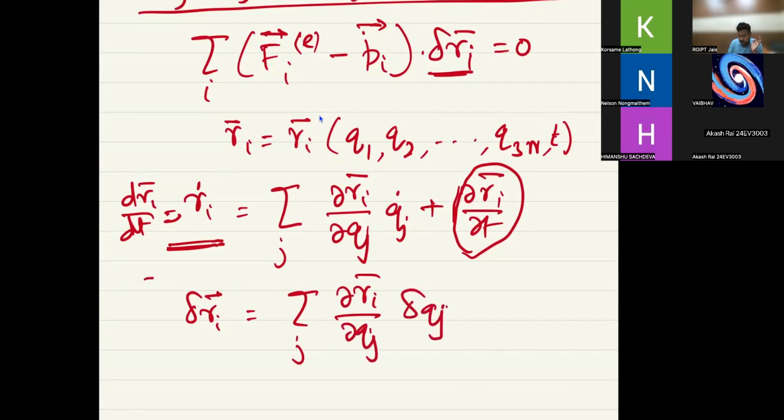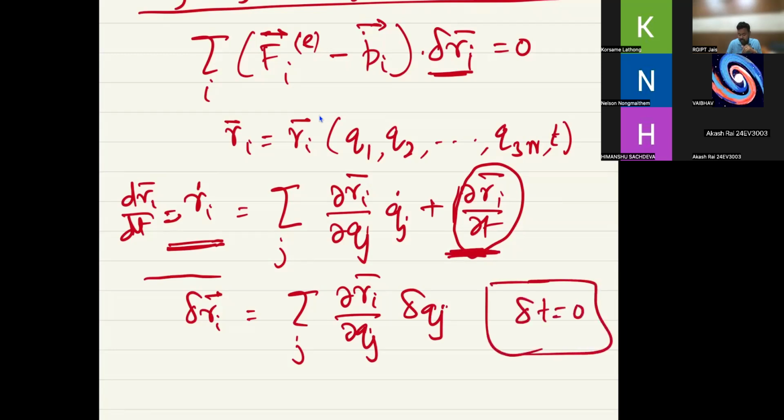So we wrote the same expression, only we have not considered del Ri by del t. This is 0 because the virtual displacement does not involve any change in time. That is instantaneous. Delta t is 0 in this case, so there will be no del Ri by del t term.